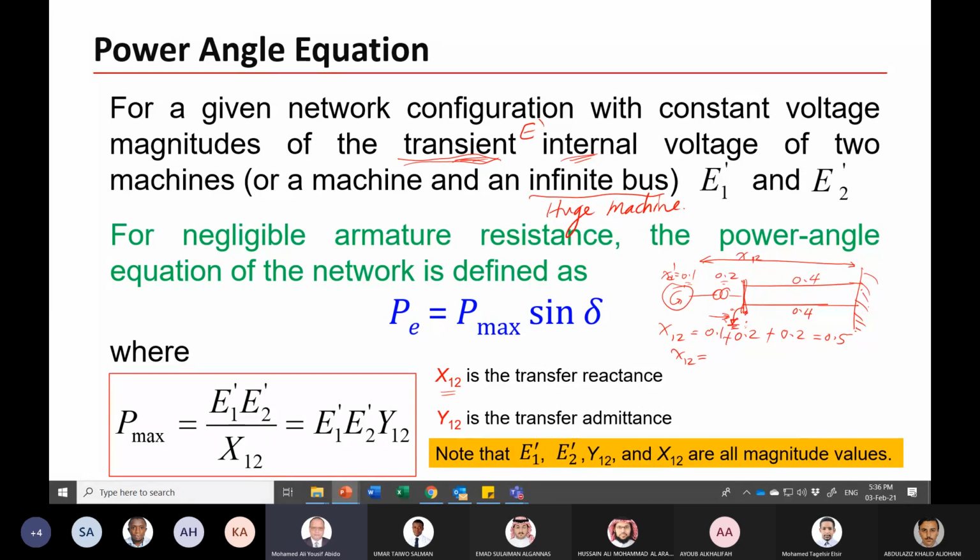Doctor, maybe it's only 0.2. Which 0.2? This combination? Yes, the parallel of 0.4 by 0.4, and the others are already shorted. Again, this is not X12.